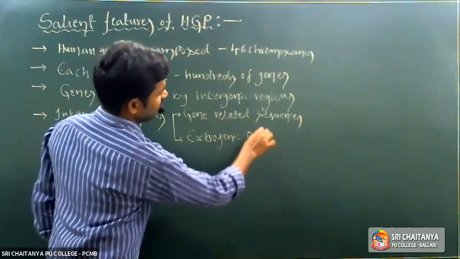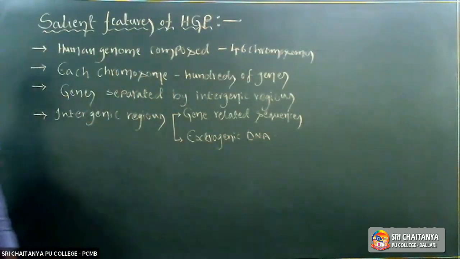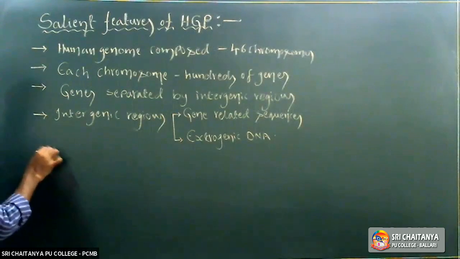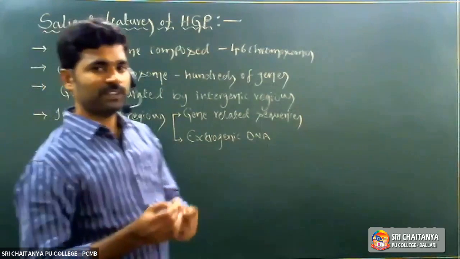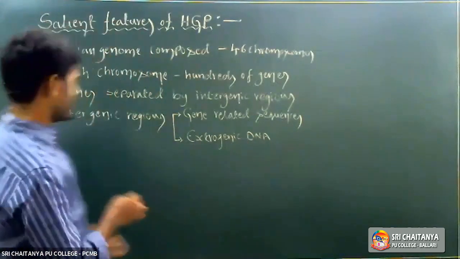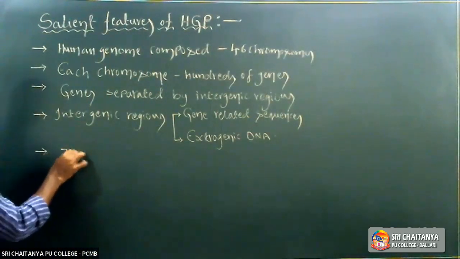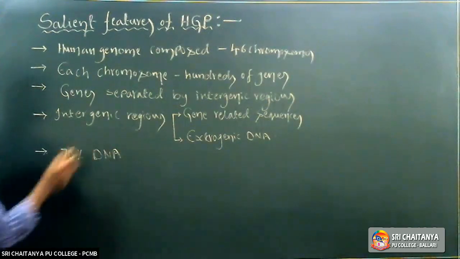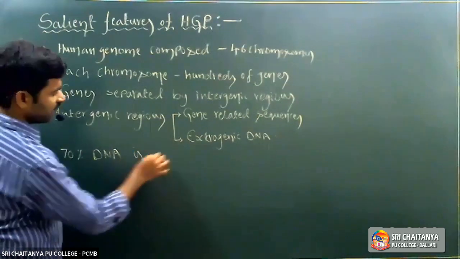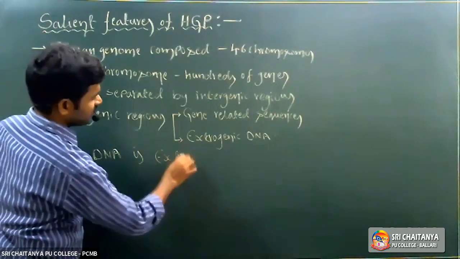In the intergenic regions, around 70% of the DNA is extragenic DNA, right? Around 70% of the DNA is extragenic DNA.